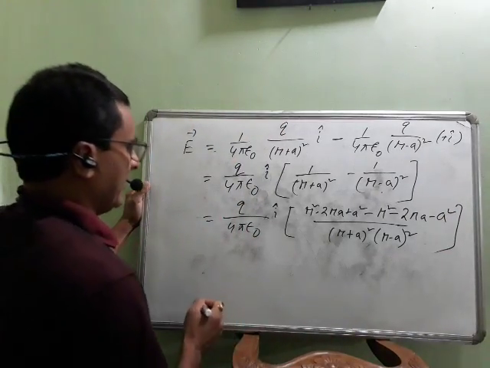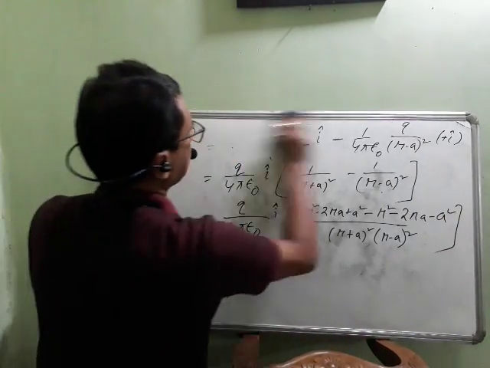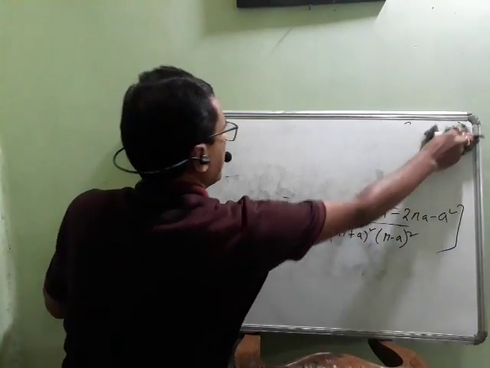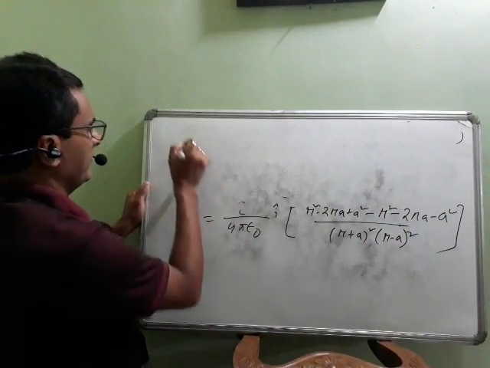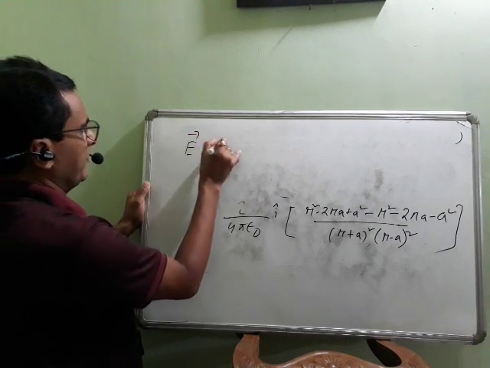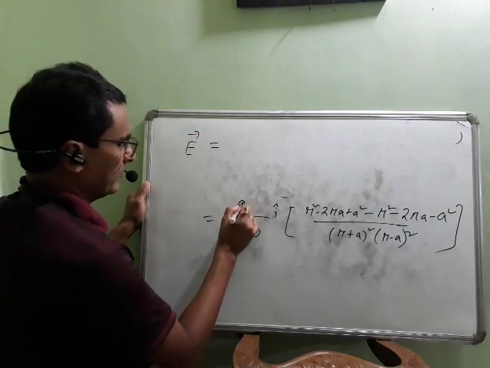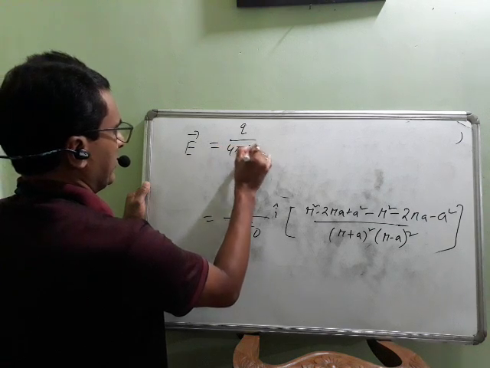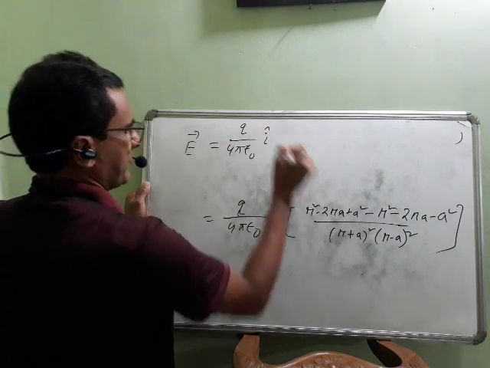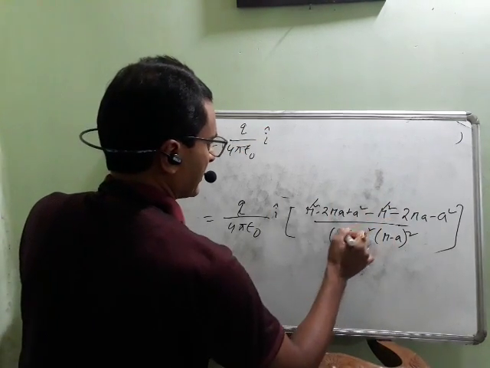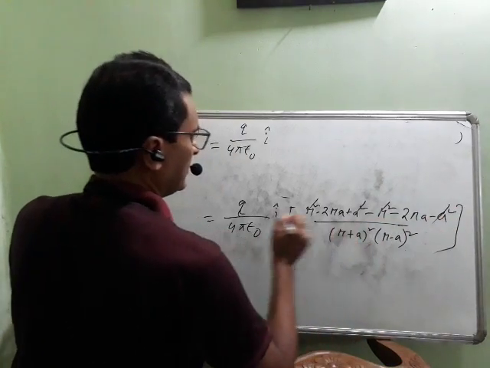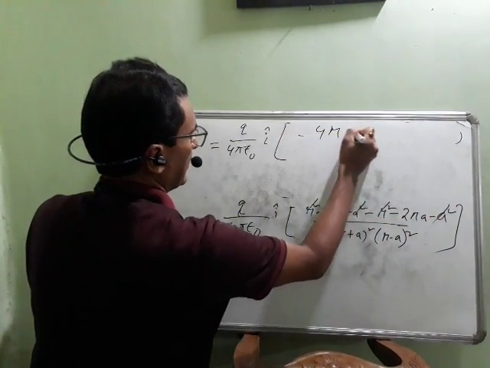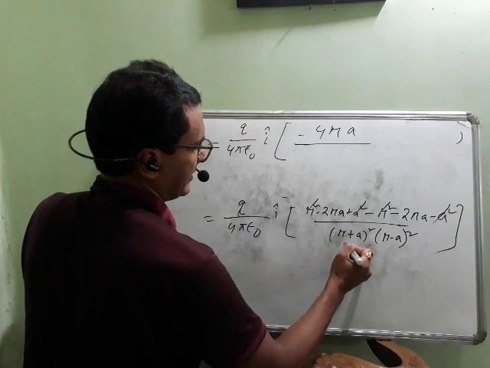Now you see what we will get here. E is equal to Q by 4 pi epsilon naught i cap. This R square gets cancelled, A square gets cancelled. Here we have minus 4RA divided by this much.